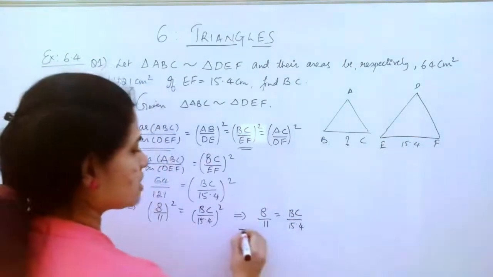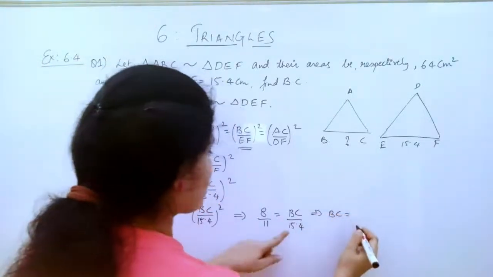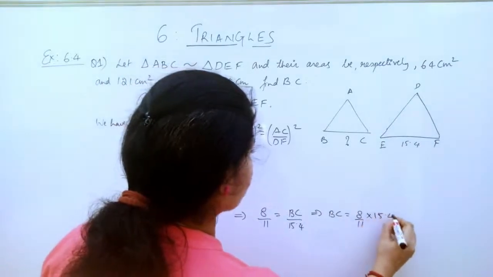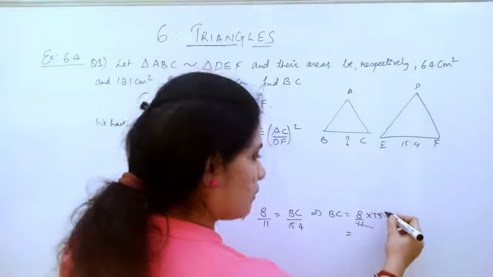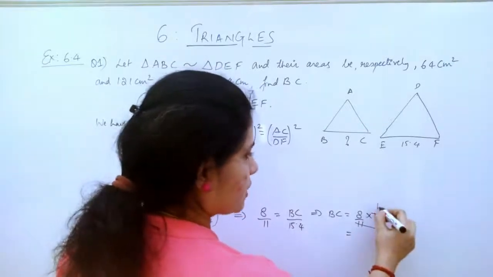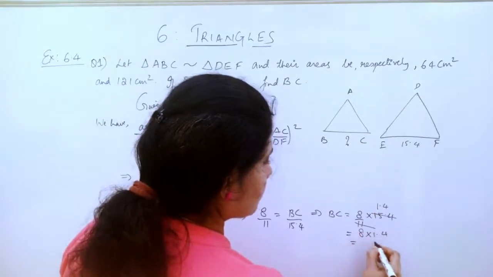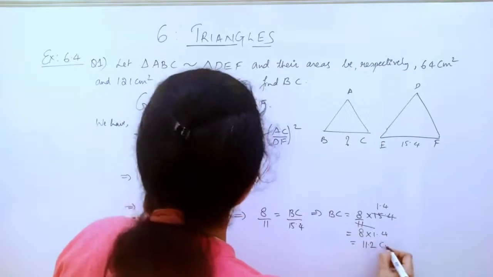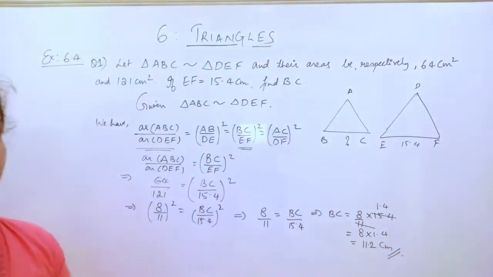That means, cross multiplying, you will get 8 by 11 into 15.4 is your BC. 11 into 14 will give you 154, so here you will get 1.4. So 8 into 1.4 is 11.2, and the unit is centimeter. So BC is equal to 11.2 centimeters.